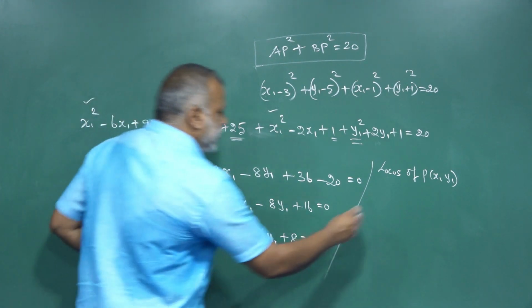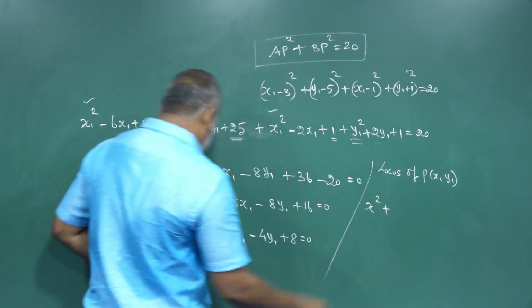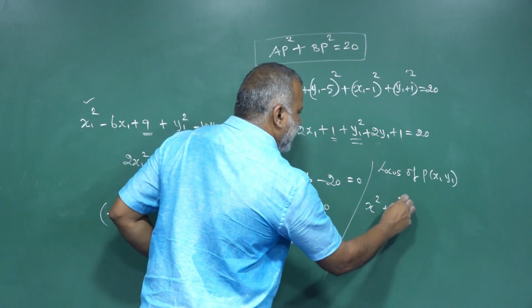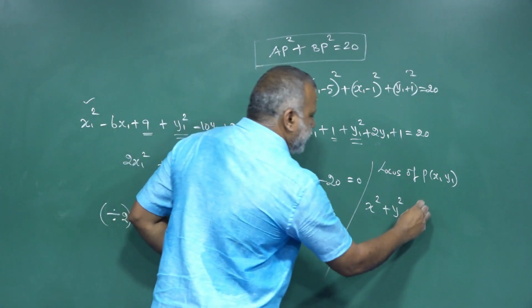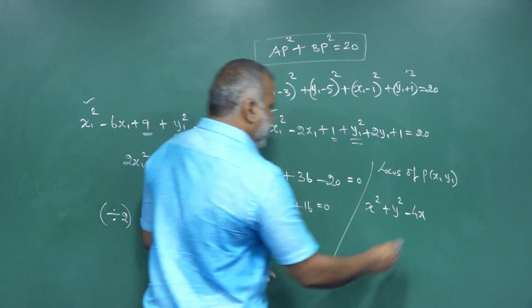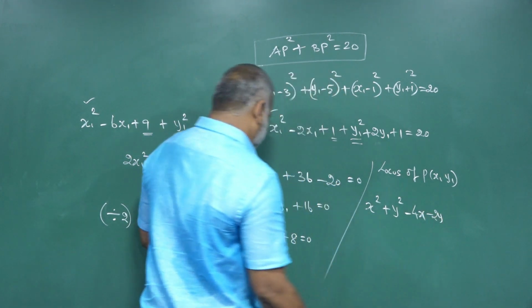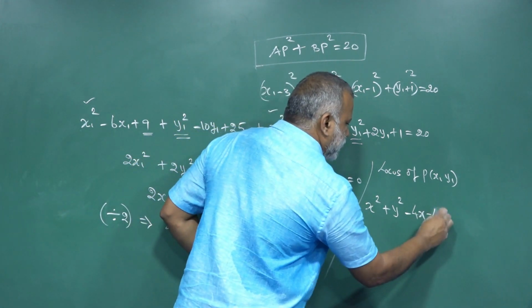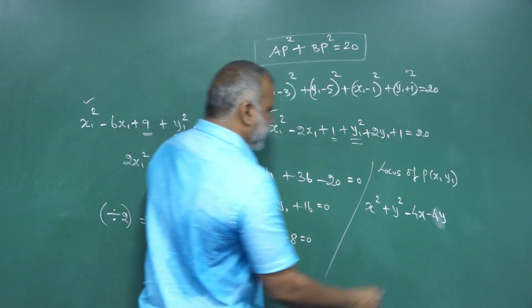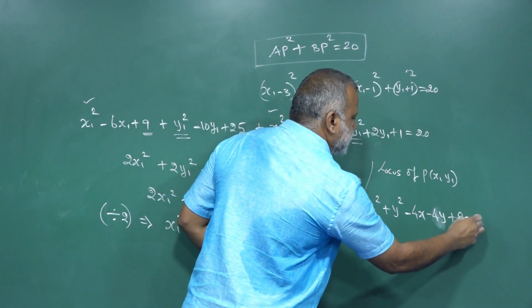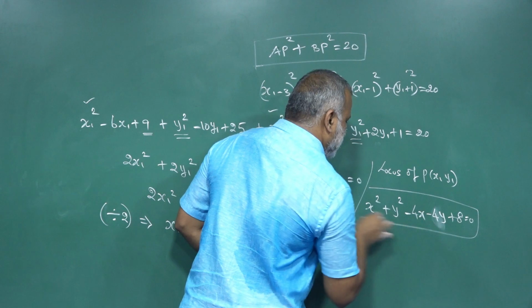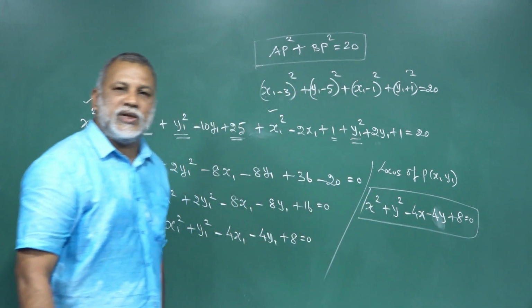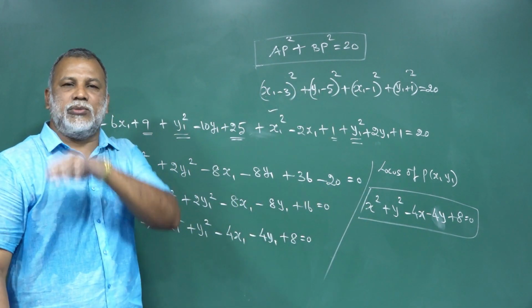So it should be x squared plus y squared minus 4x minus 4y plus 8 equal to 0. This is the locus of the required point P(x1, y1).